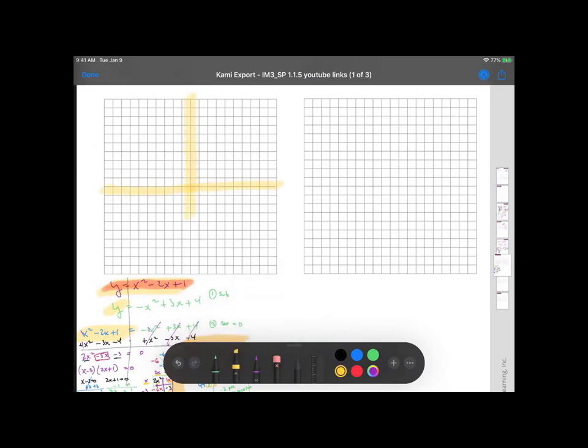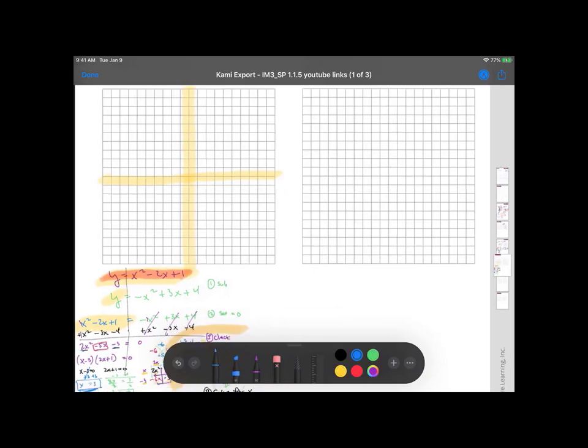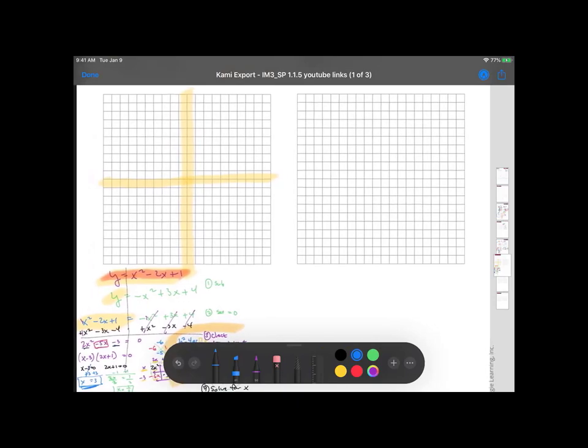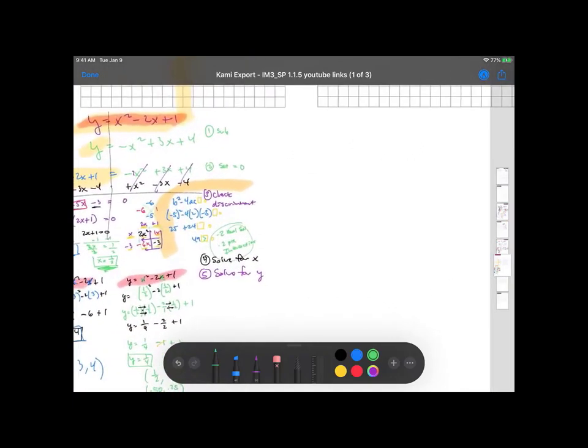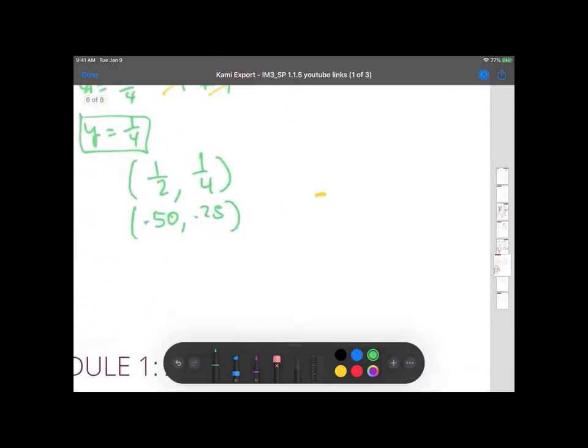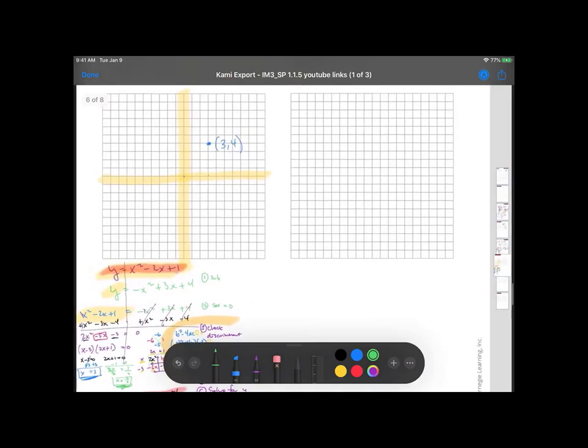There's the x-axis, there's the y-axis. Let's go ahead and graph these. There's the origin. Here's that first solution, 3, 4. And the other solution of 1/2, 1/4.